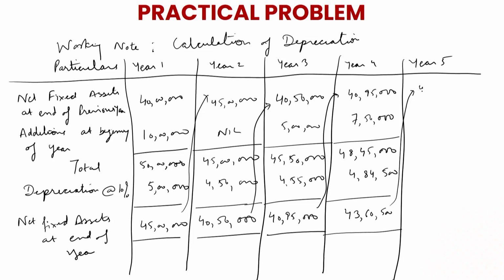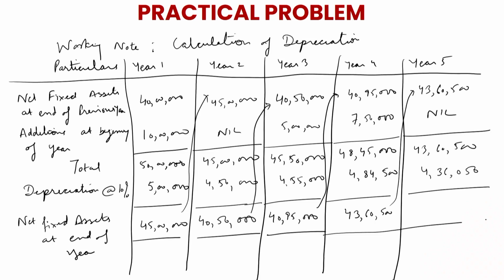Then year 5 opens with 43,60,500. There is no addition in year 5, so our balancing figure would remain the same, 43,60,500. 10% depreciation is 4,36,050 rupees, and the balancing figure is 39,24,450.